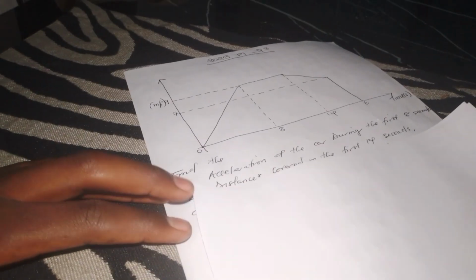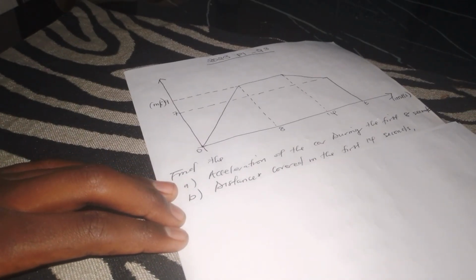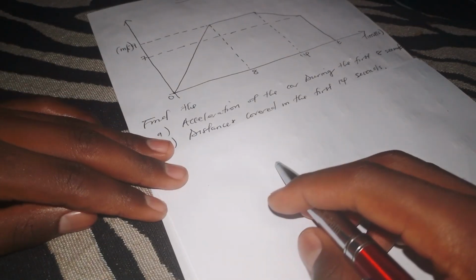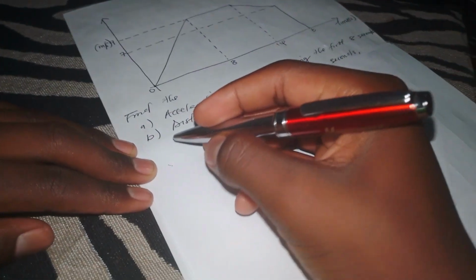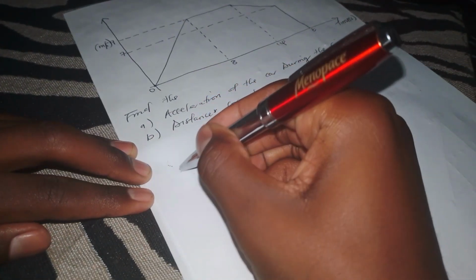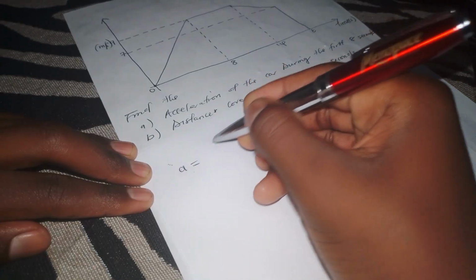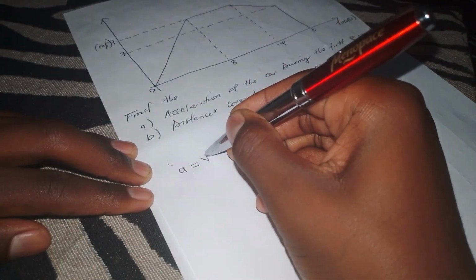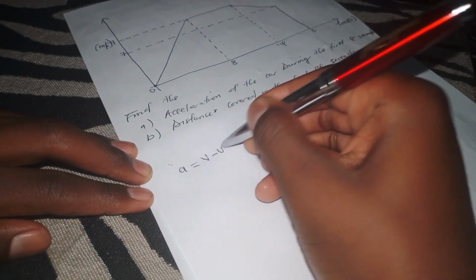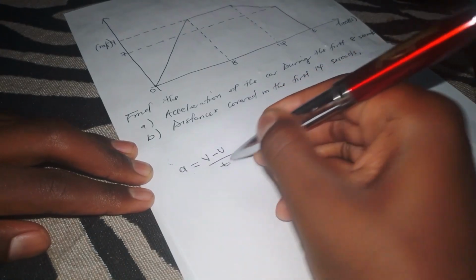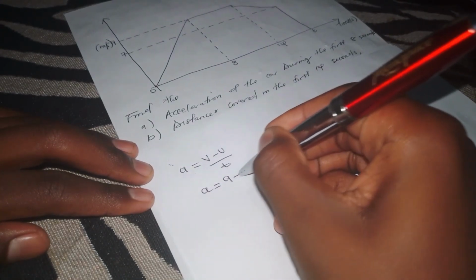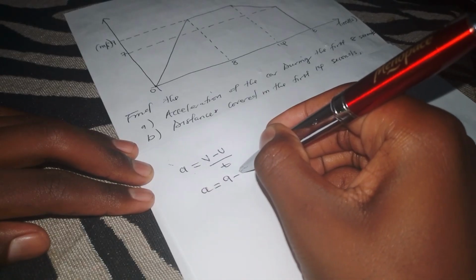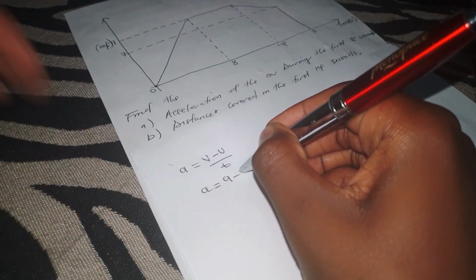So acceleration is equal to v minus u over t. Acceleration is equal to final. Our final is 9 minus 0.